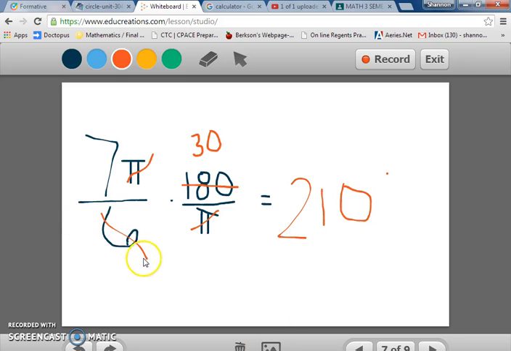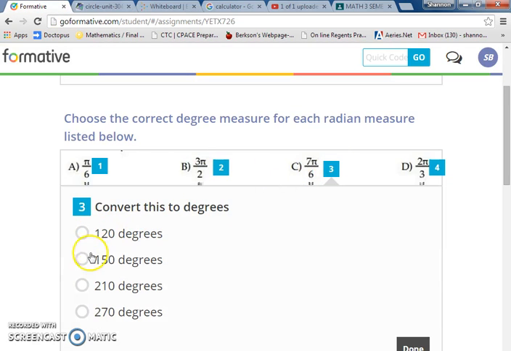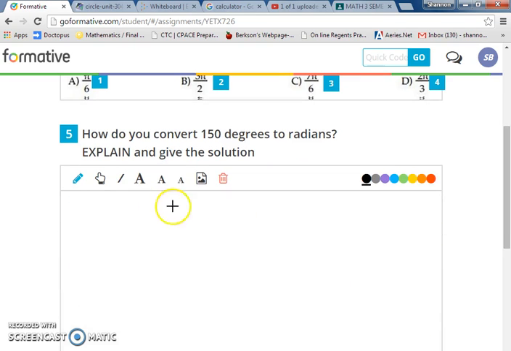So 7 pi over 6 is equal to 210 degrees. Click on the number 3, go to 210, and click done.